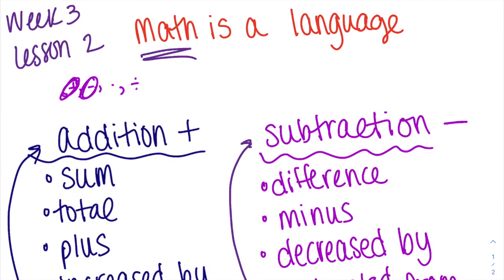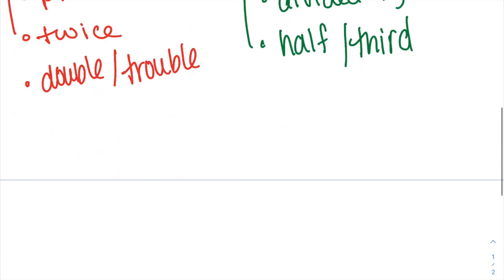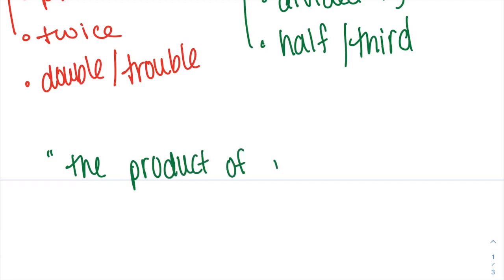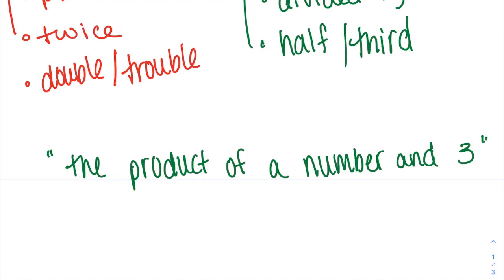as equations. So I'm going to give you a phrase. The first phrase I will say is the product of a number and 3. The product of a number and 3.